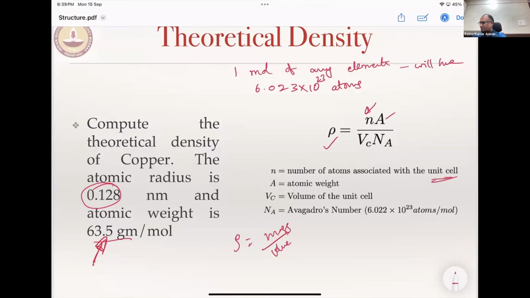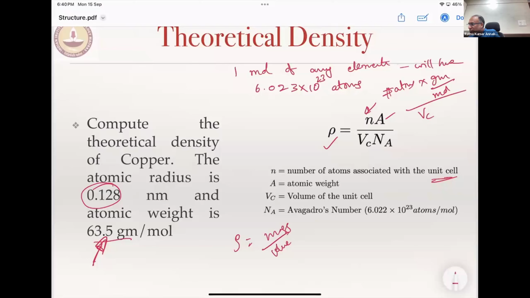Into atomic weight, which is gram per mole. You are looking at a unit cell, so you have to take the unit cell volume.